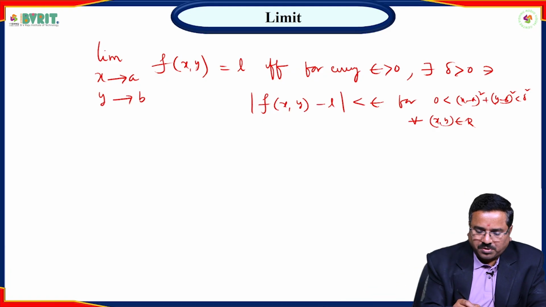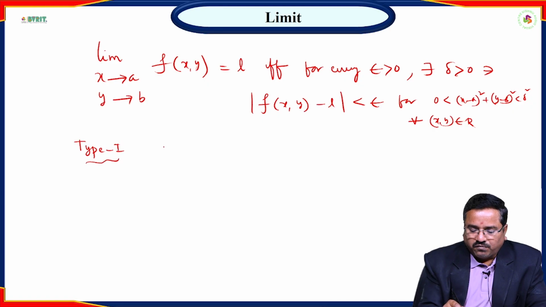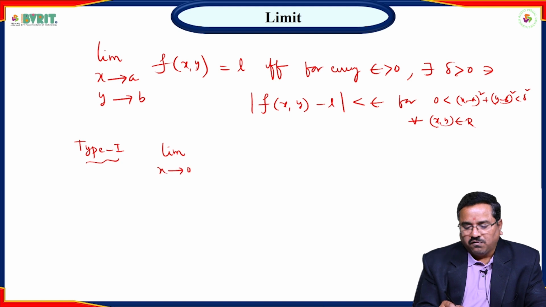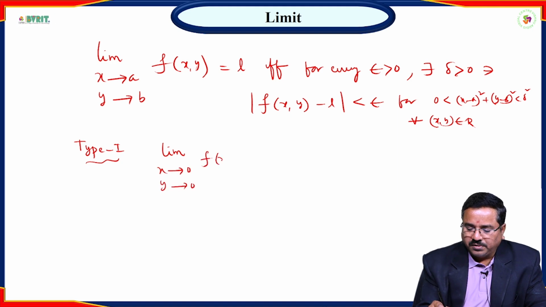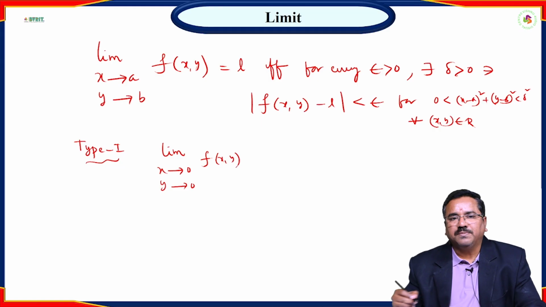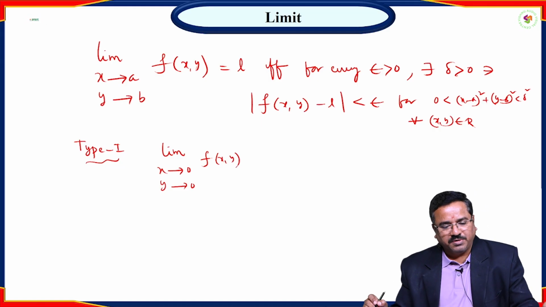So we have two types of problems. Type 1 is how to find the limit of x tends to 0, y tends to 0, f of x y. Most of the chances are coming for type 1.